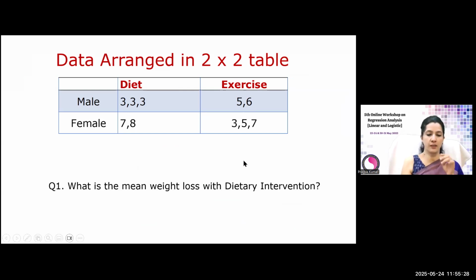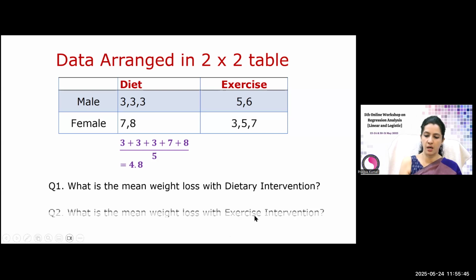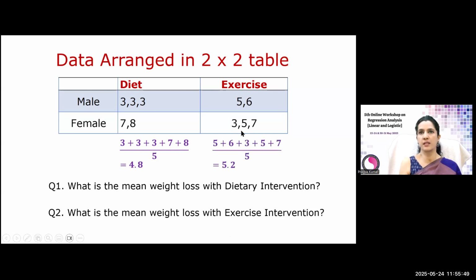So if I have to calculate mean weight loss with dietary intervention, how will I do that? I will add all, 3 plus 3 plus 3 and 7 and 8, so that is our mean. And if I have to calculate the mean weight loss in the exercise group, I will take a mean of 5 plus 6, 3 and 5 and 7. But right now we are not considering the gender effect.